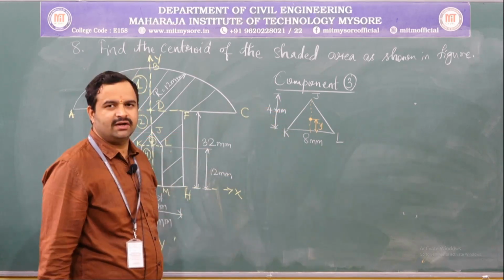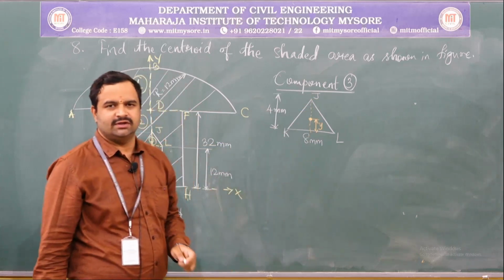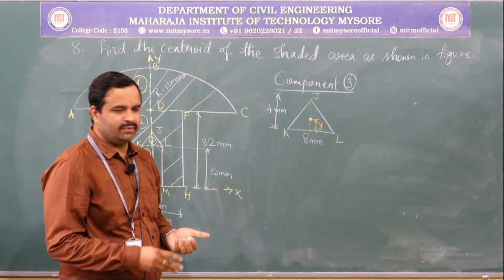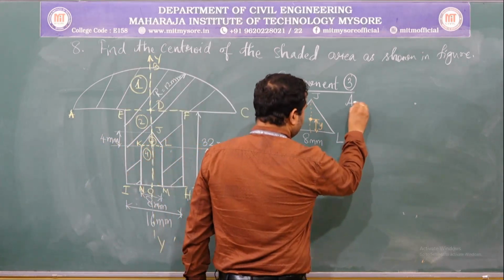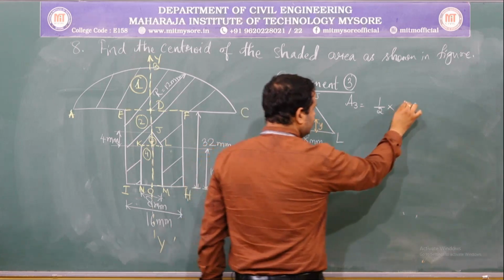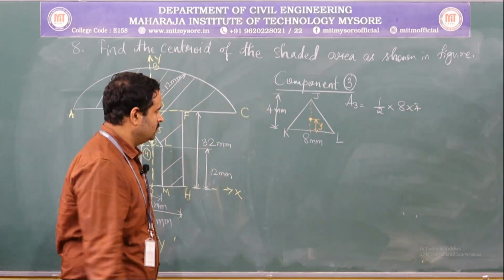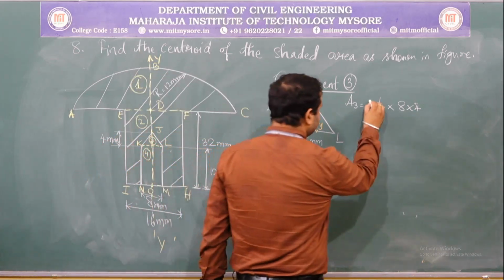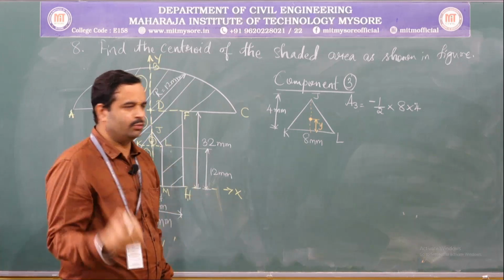And why are we not writing x? Because it is symmetrical about this axis. That is why no x component should be written. Now, what is the area of triangle? A3 is half into base into height. That has to be written with a negative sign, because it is to be removed.